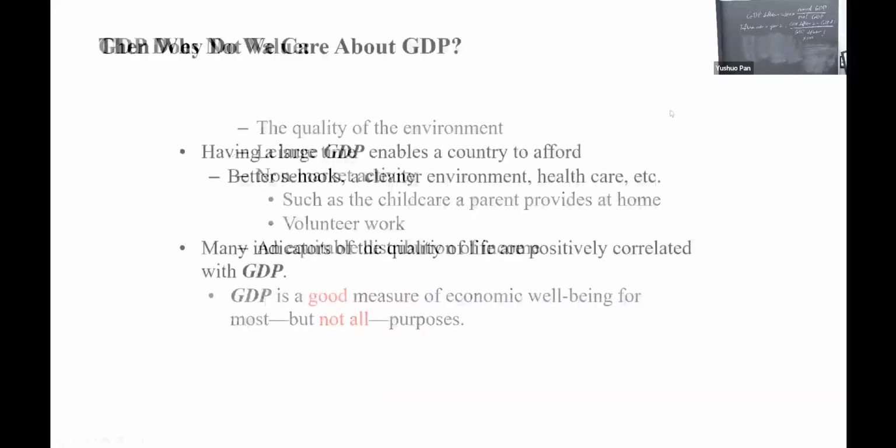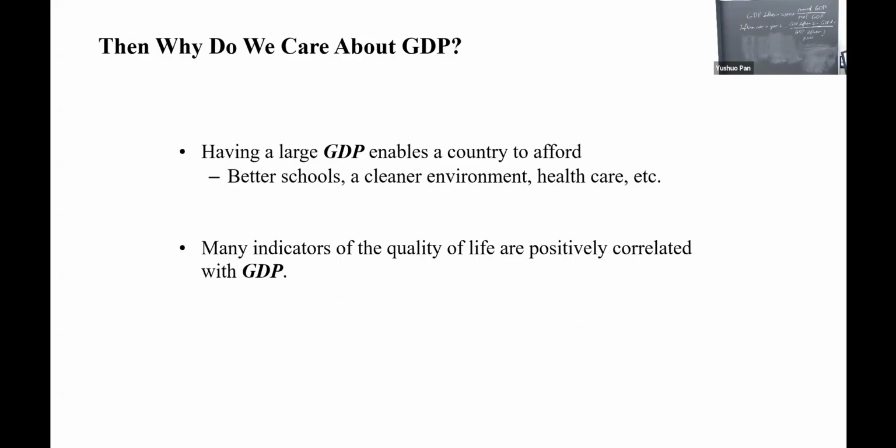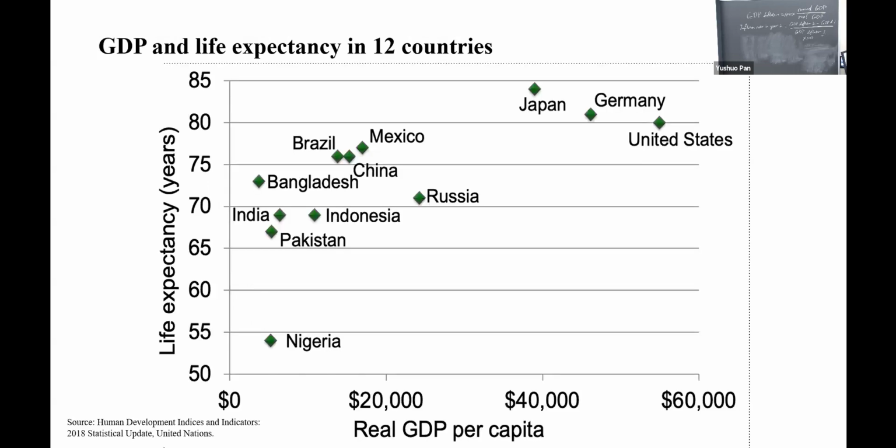So why do we still care about GDP? Having a large GDP enables a country to afford things like better schools, a cleaner environment, and healthcare. Many indicators of quality of life are positively correlated with GDP. We can see some examples here. First is GDP and life expectancy in 12 countries.